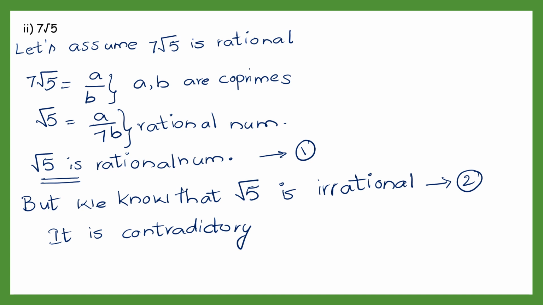Why did we get root 5 as a rational number? We assumed 7 root 5 as a rational number. So, you got root 5 as a rational number. But this is wrong because root 5 is irrational. So, our initial assumption is also wrong.